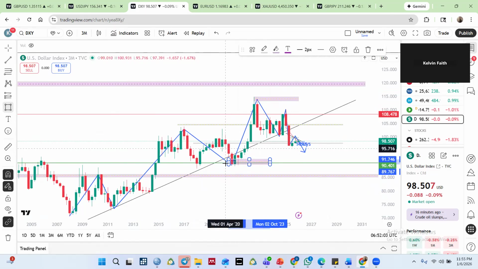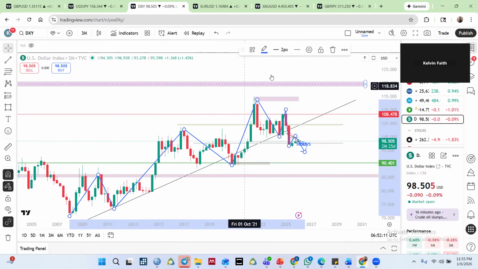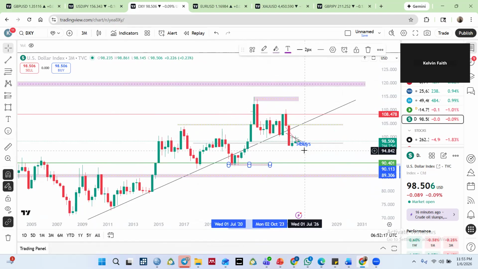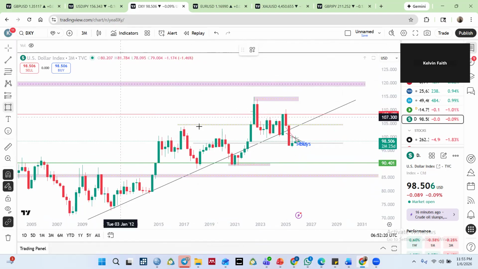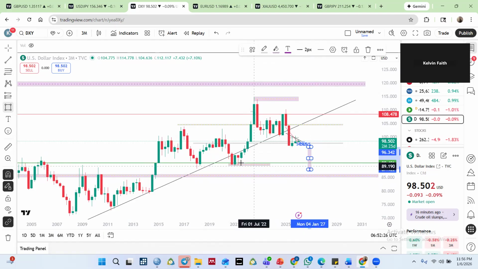So if this market is entirely going to change to a bearish market, we should see this external reference low, this area, crashed or become invalid. We should see price drop to break this area. Once this happens, it means formally this whole market has changed to a bearish market.